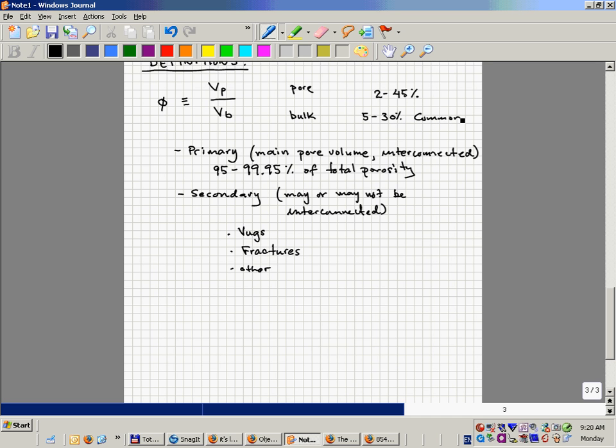And we already talked about the rocks that have this very high porosity, 35, 40, and 45. There are very few chalk reservoirs in the world, and those are really the only ones that reach those kind of high levels of porosity. Any questions about porosity?